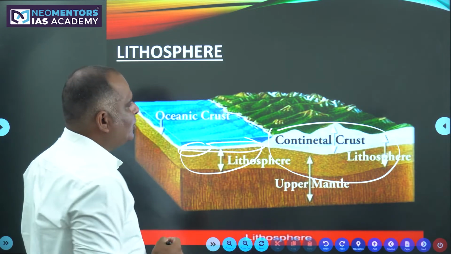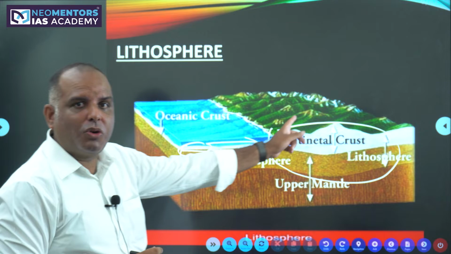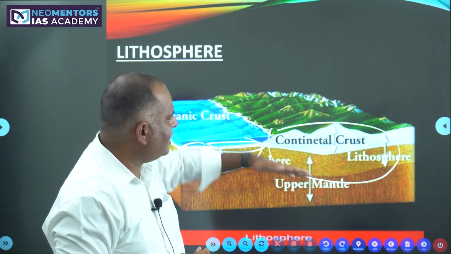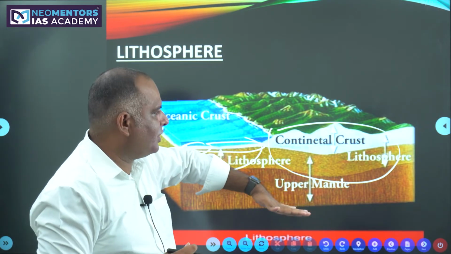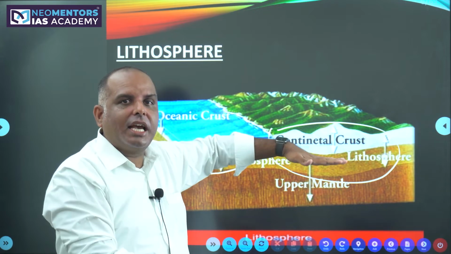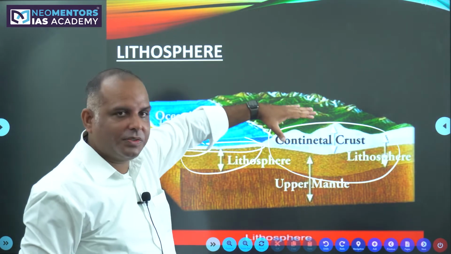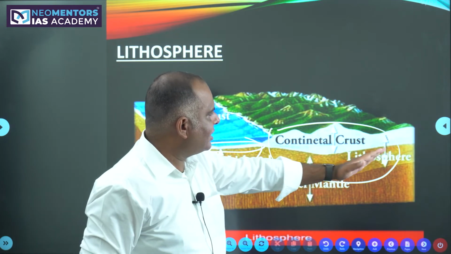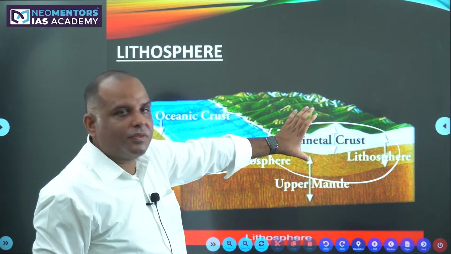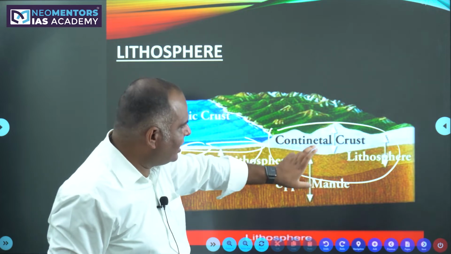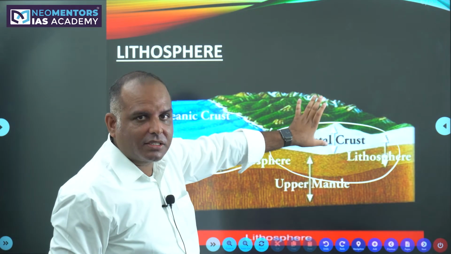Now, are you noticing something? We have a mountain here and we see a subsidence of the lithosphere into the next layer. That means the depth of the continental crust increased where we had mountains.